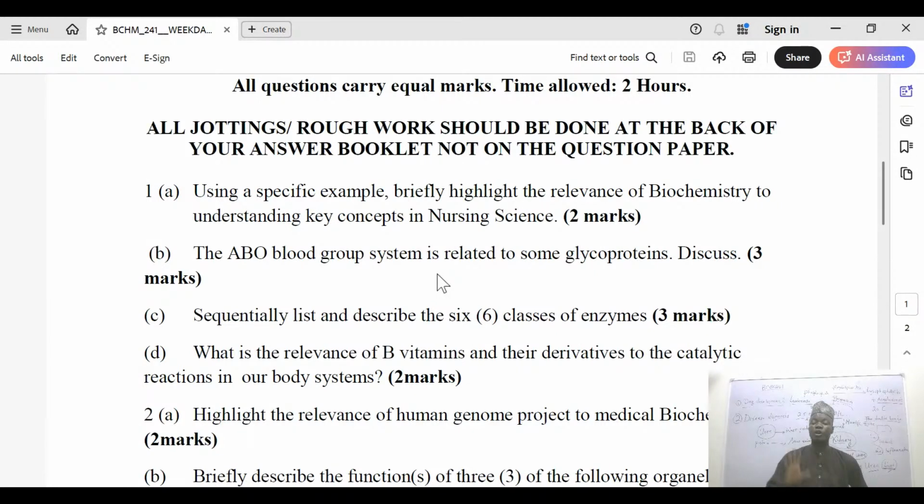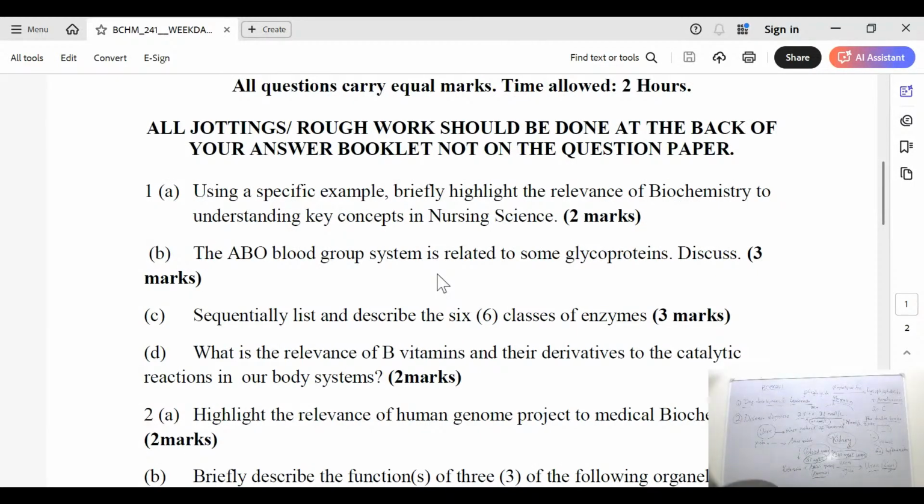And we have basically 4 types of blood group. We have blood group A, we have blood group B, we have blood group AB, and we have blood group O. So these are the 4 types of blood groups that we have.